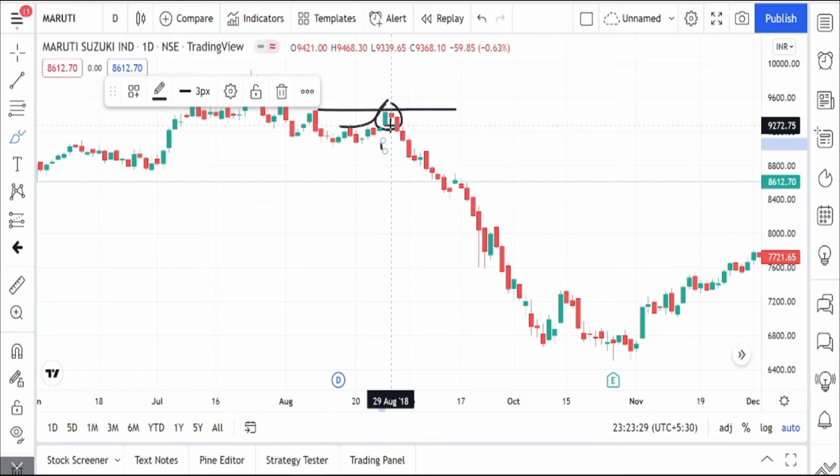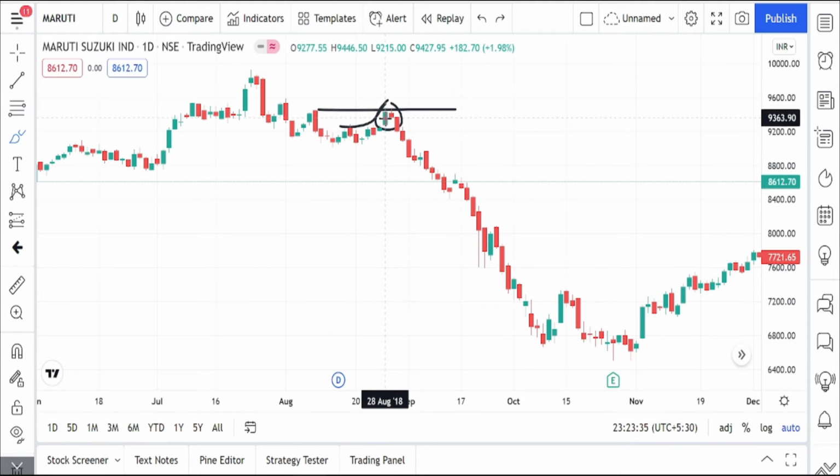If you see the green candle, which indicates that the stock is in an uptrend, and in the next trading session, you see there is a bearish candle formation. The rules of the Harami pattern, friends, if we can recall: the previous candle should be a bullish candle and the next candle should be a bearish candle, where the real body of candle C2 should lie inside the real body of candle C1, correct?